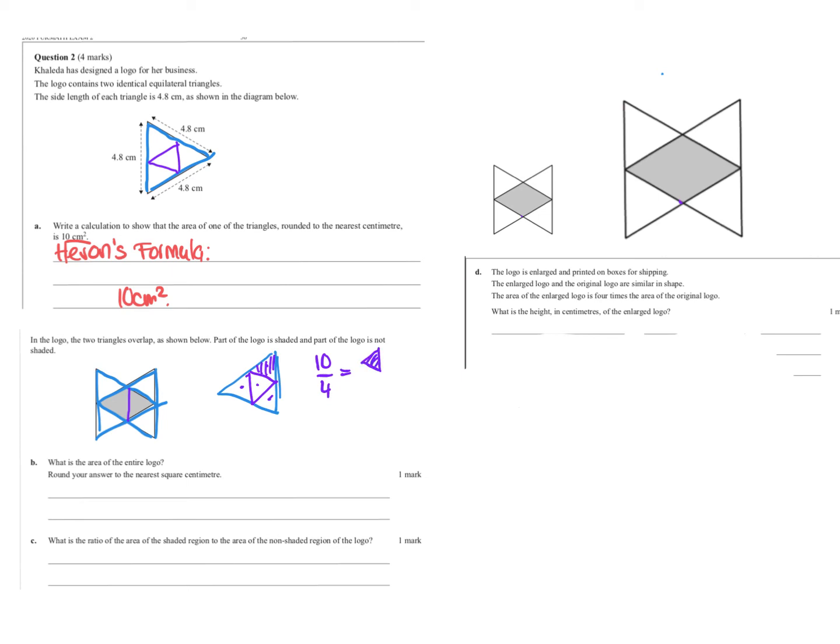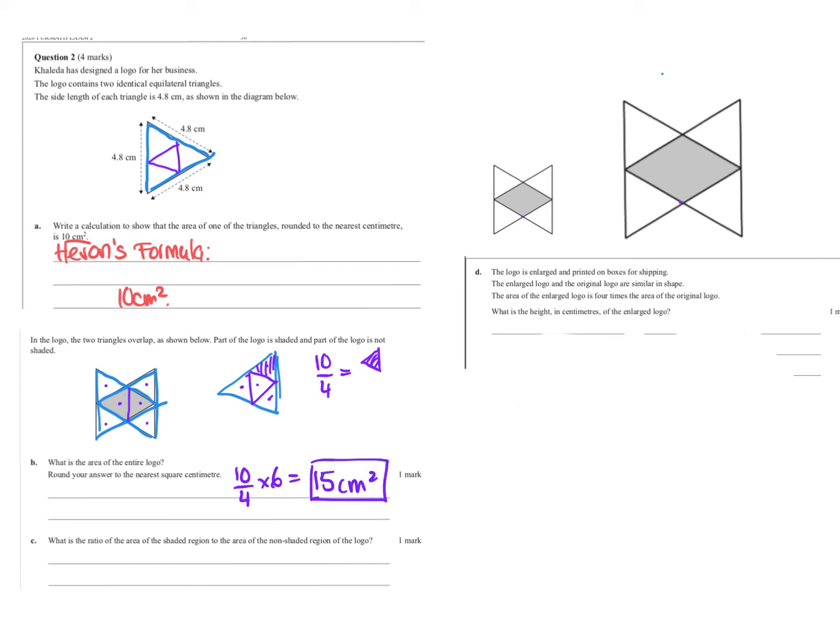Then you could just count. You've got 1, 2, 3, 4, 5, 6 of them. So to find the area, I could say 10 over 4, that's one of them, but I have 6 of them. And if you do that, you end up getting 15 centimetres squared.